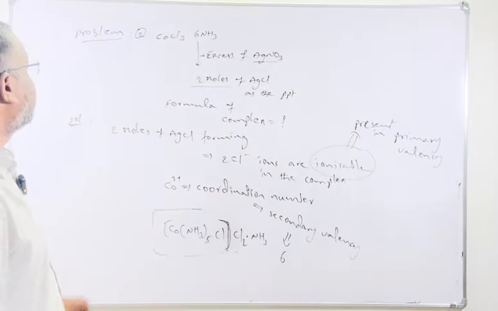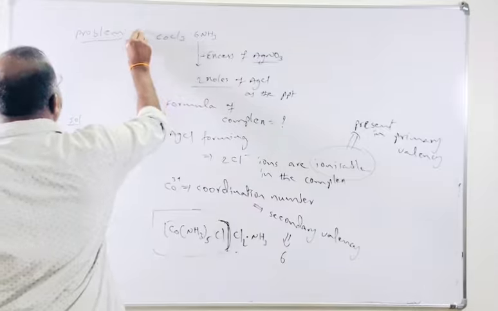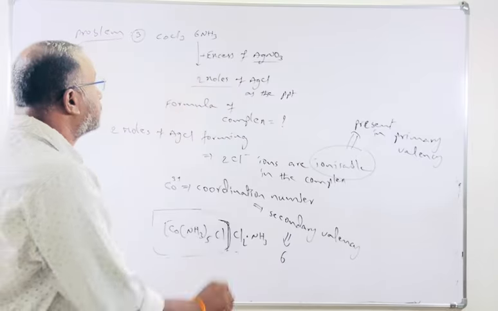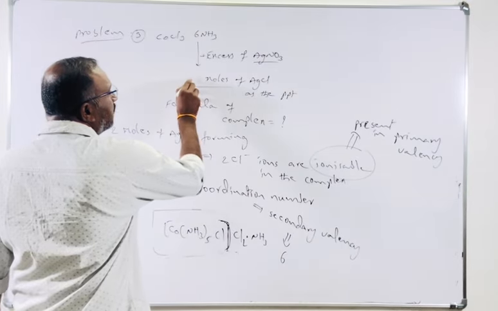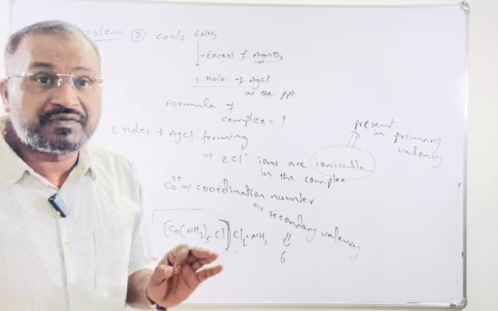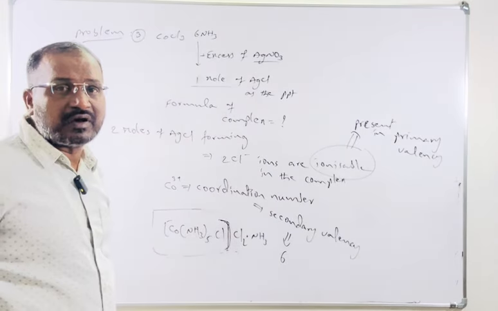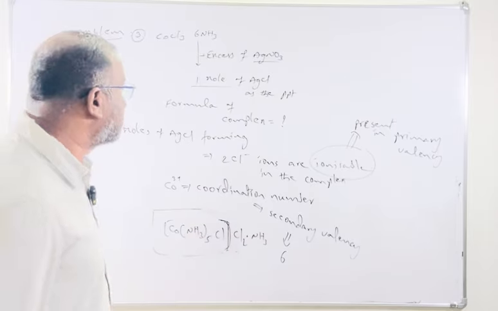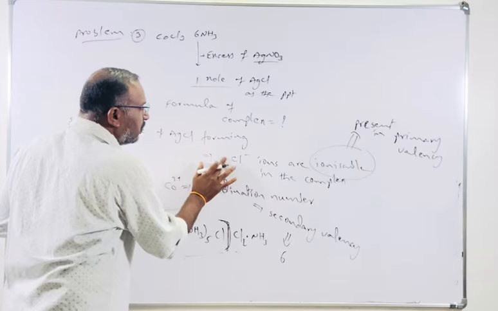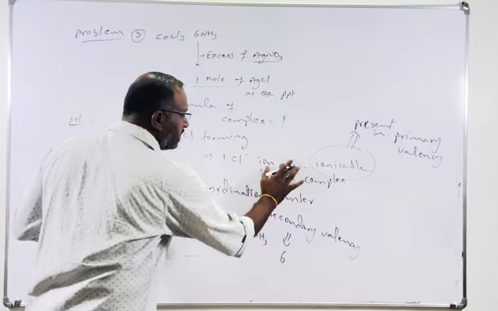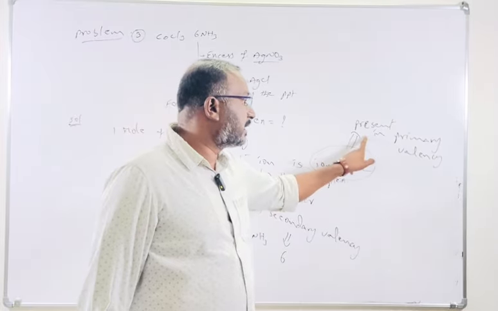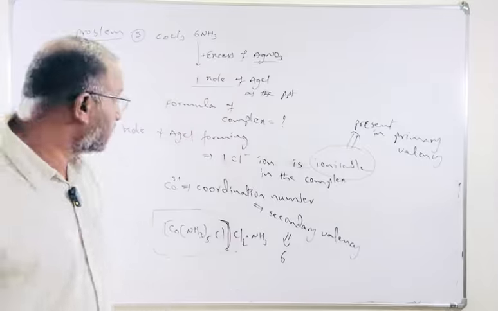And if I take problem number 3, when CoCl3·6NH3 is treated with excess AgNO3, it is giving 1 mole of AgCl as the precipitate. What is the formula of the complex, you may ask. 1 mole of AgCl forming means 1 chloride ion is ionizable in the complex, means 1 chloride ion is present in the primary valency.